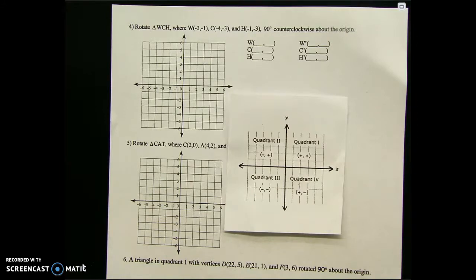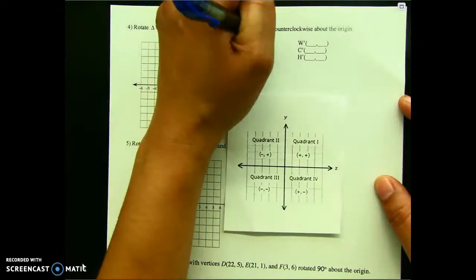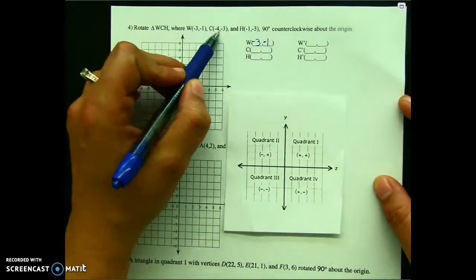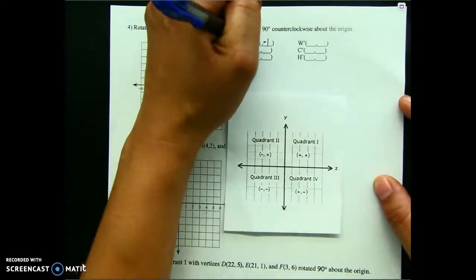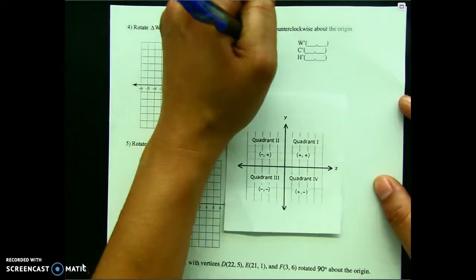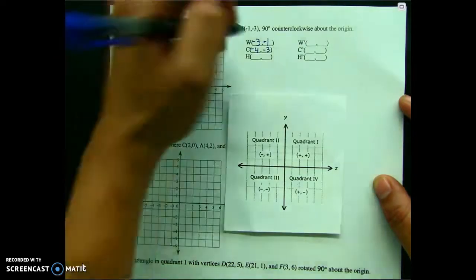In this case, W is (-3, -1). All I'm doing is transferring the information I'm getting here. C is (-4, -3). And then H is (-1, -3).